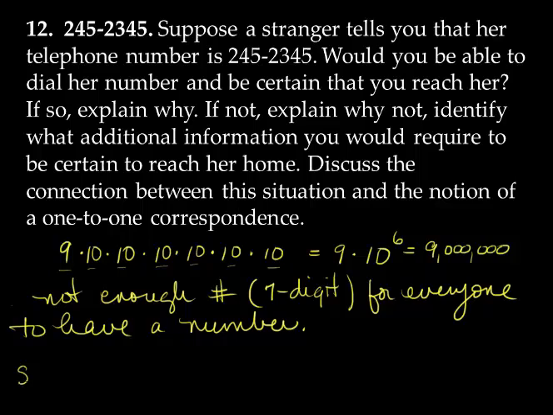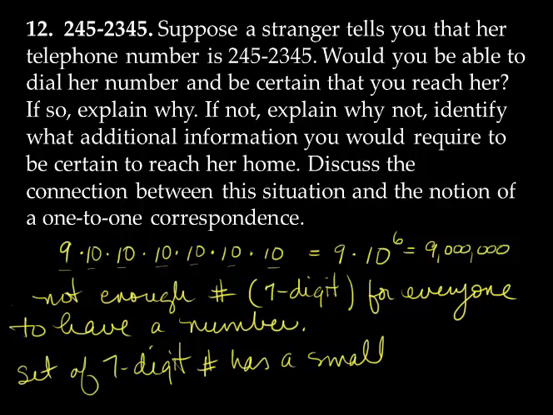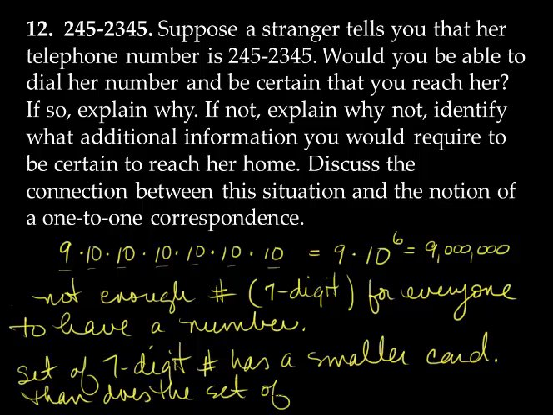Let's write this down. The set of 7-digit telephone numbers has a smaller cardinality, I'll put card, than does the set of people with phones.